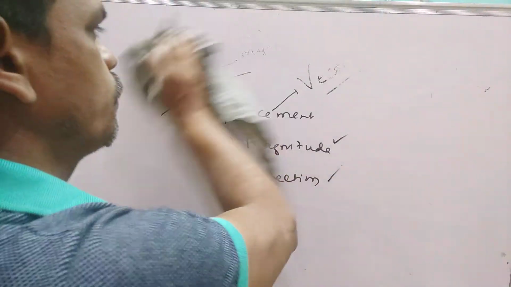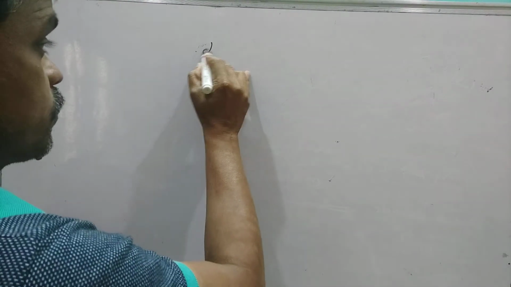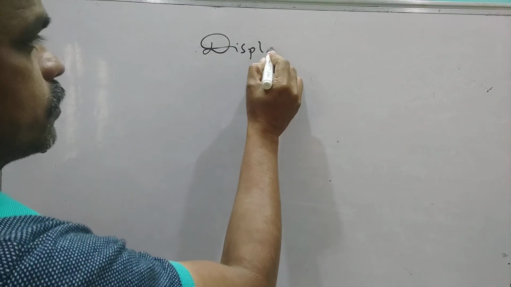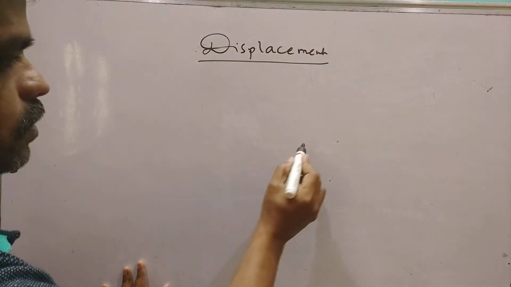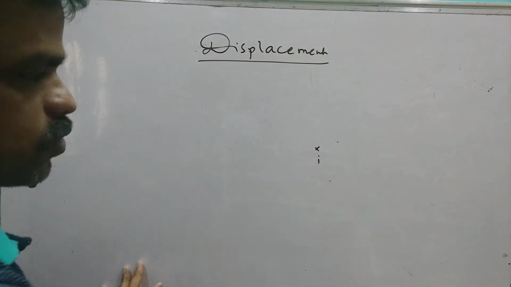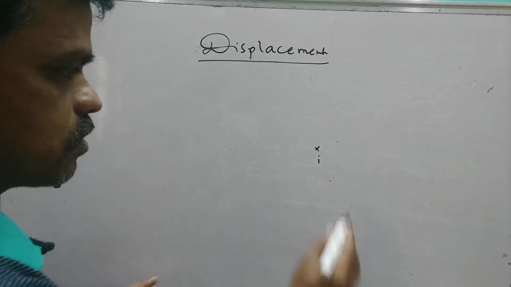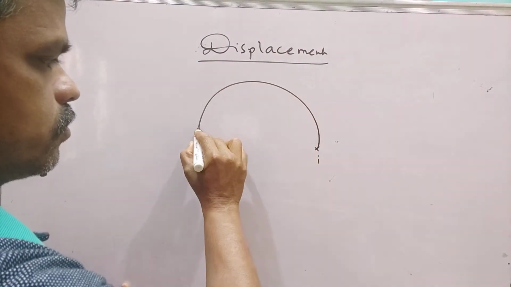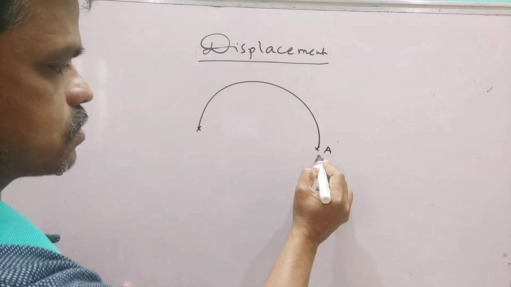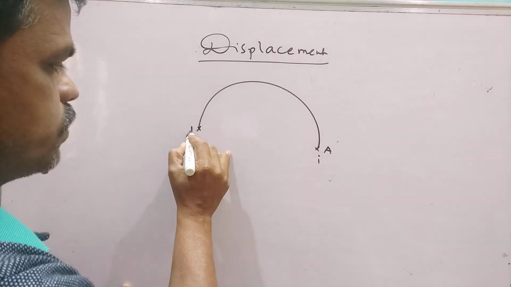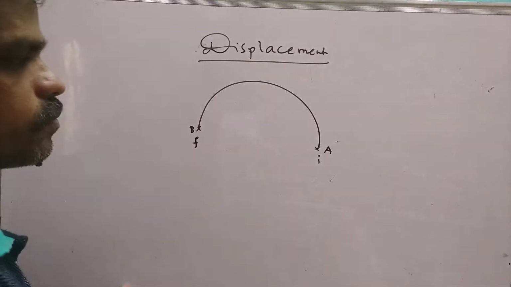So let me give one example regarding displacement. See, this is the initial position. The body starts here, then travels. This is point A, the starting position, then reaches point B, the final position.